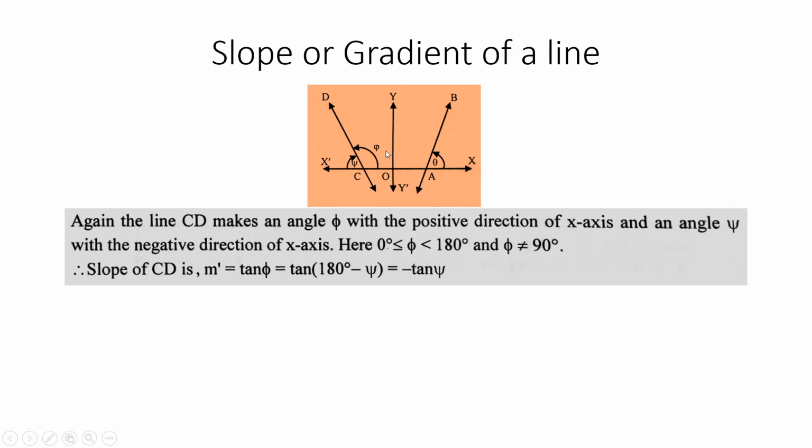Here 0 degrees ≤ phi < 180 degrees and phi is not equal to 90 degrees. So the slope of CD is m' = tan phi, that means tan(180 degrees - psi) = -tan psi.